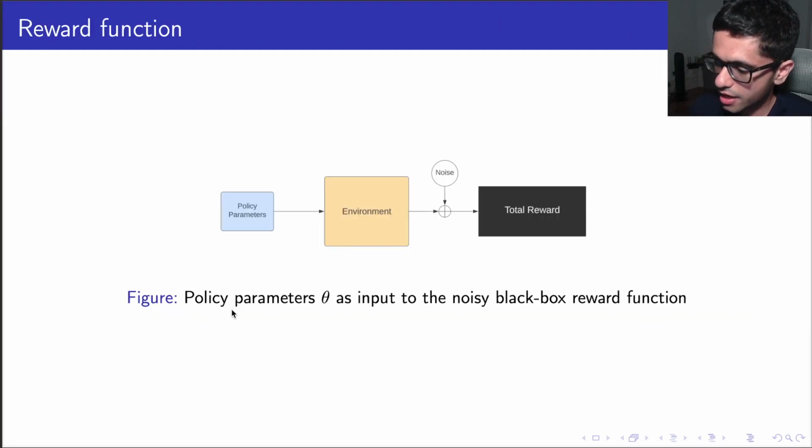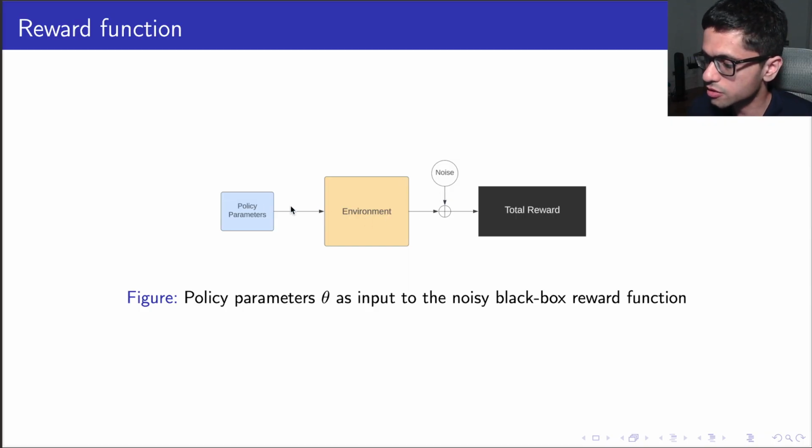So let's try to understand exactly what is the function that we're trying to maximize. So we have the policy parameters, and when we play out the game according to the policy, it's not very deterministic.